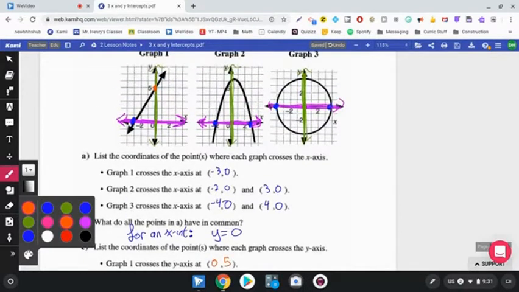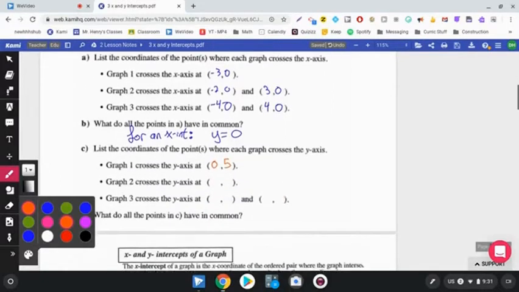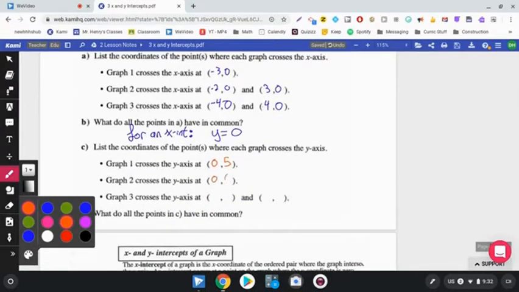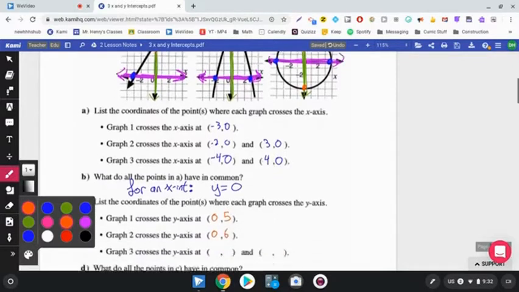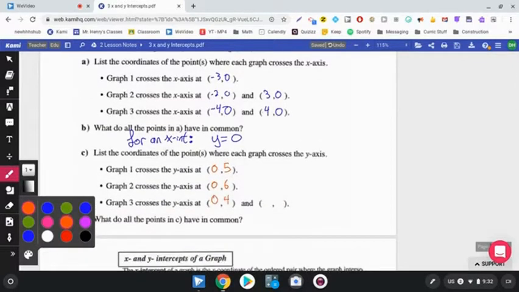Next one. It looks like I only crossed it one time, actually. So x is still 0. I didn't move side to side. I only went straight up to a y value of 6. So (0, 6). And then for graph 3, I have 2 as well. 4 and -4. (0, 4), (0, -4).